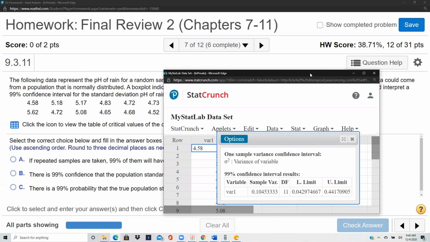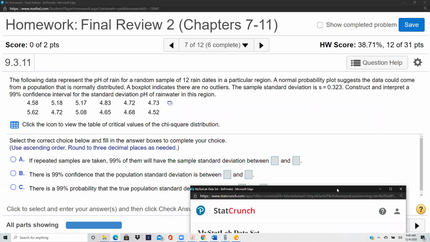I believe so. A little bit careful. Which stats did we use to do this problem? Variance stats. What was the question? Interval for the standard deviation.